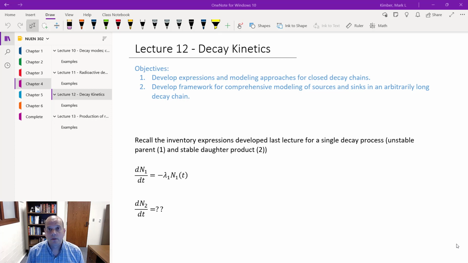Welcome to Lecture 12. Last lecture we discussed and introduced concepts related to decay. That includes half-life, which is closely related to what's known as the decay constant. These metrics are what help us understand how to model the inventory of different isotopes that might be present in a sample.